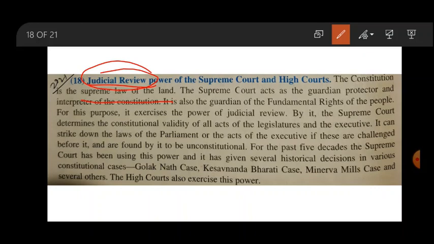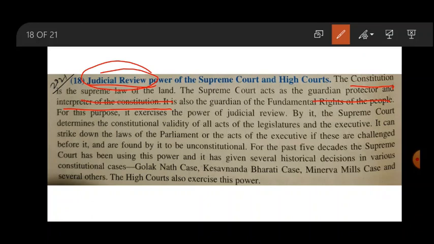There is no law that is above the Constitution of India. The Supreme Court acts as the guardian, protector and interpreter of the Constitution. That means the Supreme Court is the one who acts as the guardian, as the protector and also as the interpreter.